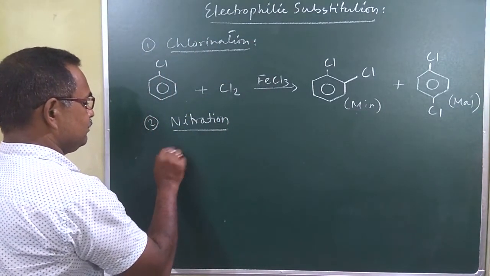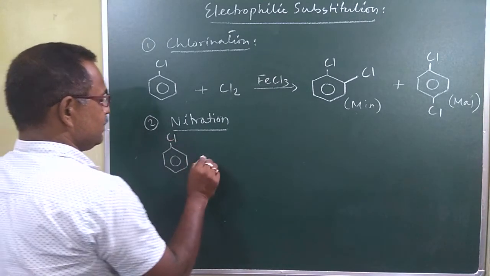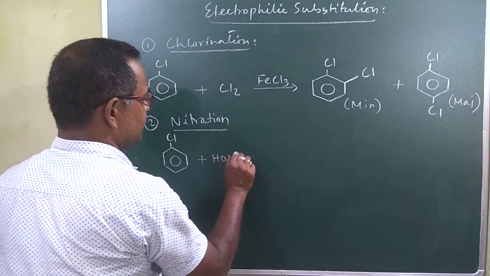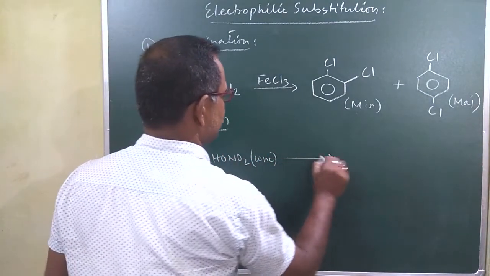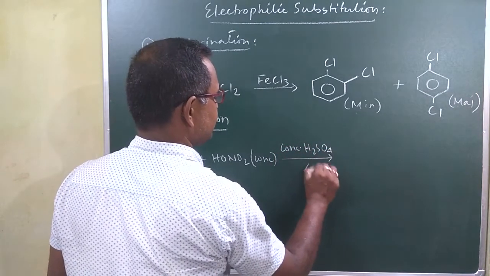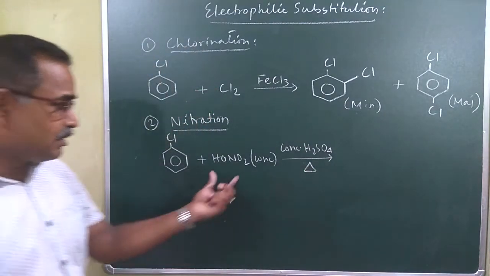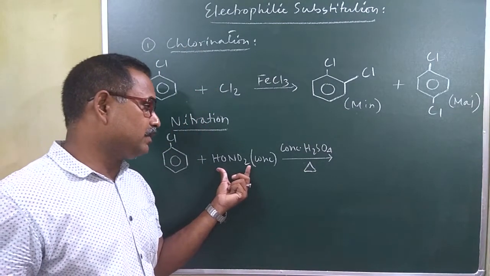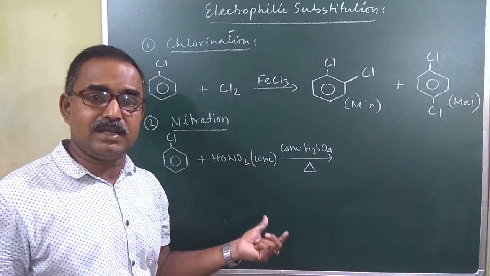Next, say nitration. Consider nitration. Say chlorobenzene is subjected to treatment with concentrated nitric acid in presence of concentrated sulfuric acid. Okay. This is called nitrating mixture. A mixture of concentrated nitric acid and concentrated sulfuric acid is called nitrating mixture.